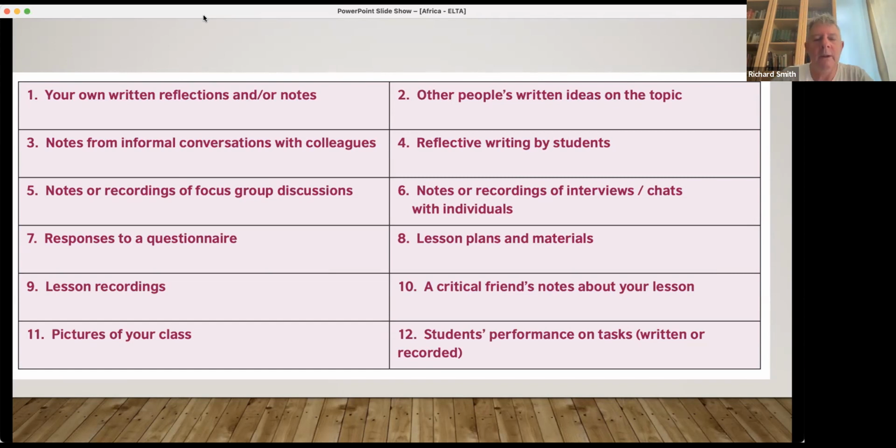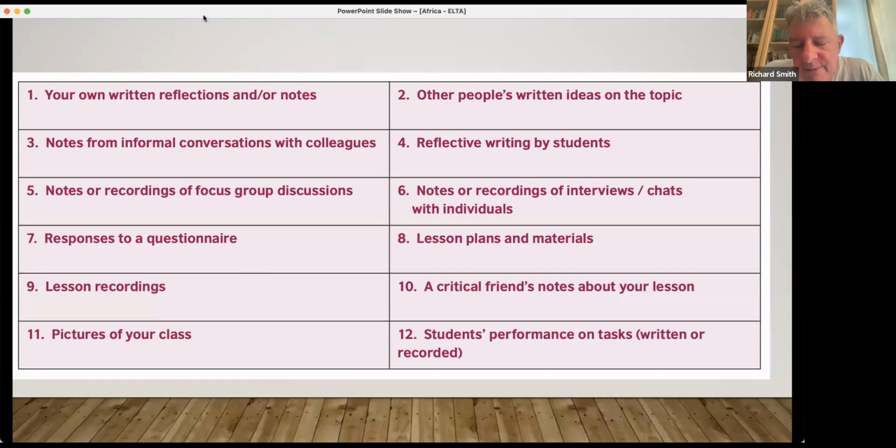Okay, so let's think about that in a minute. Let's just remember which ones of these did, for example, Shova, the teacher in Nepal, use. Let's have a look. She used number 10, a critical friend.